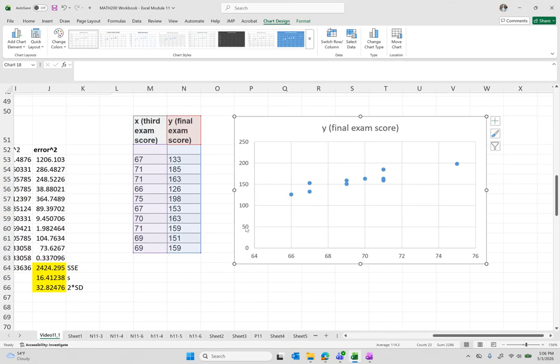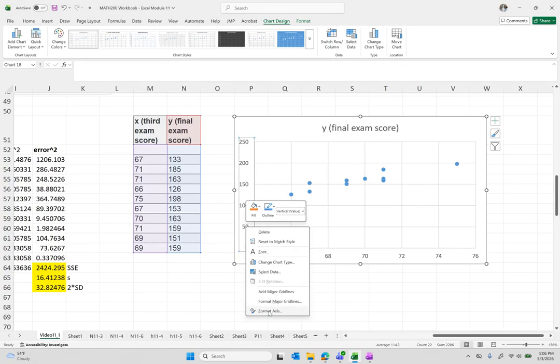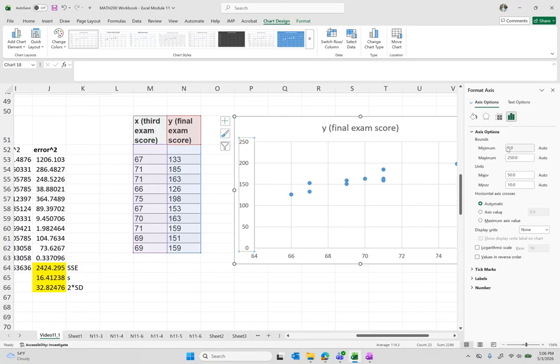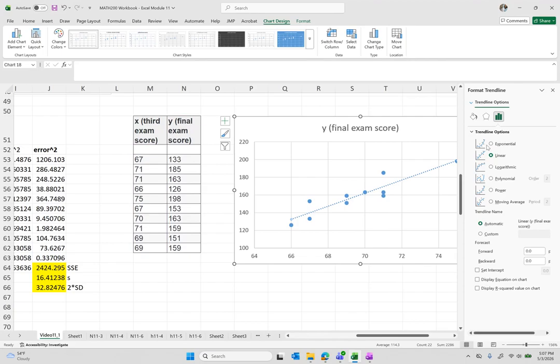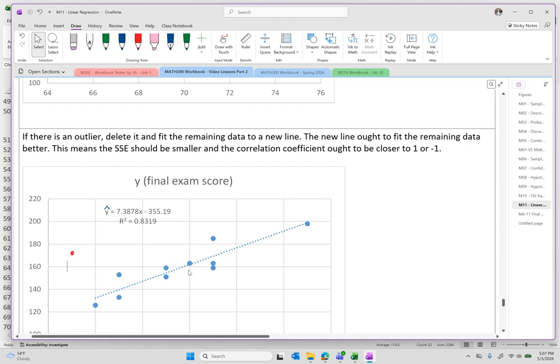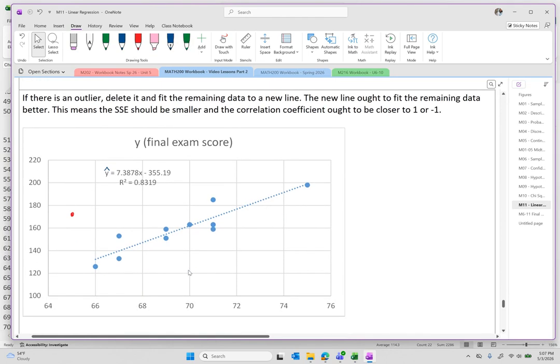Let me adjust so that I have a minimum on the y-axis of 100 so that I can see this line better. And then if I right click on one of those points, I can add a trend line. It has to be linear here at the top, and then I want to display the equation and display the R squared. So this is the equation that you see here in the notes: 7.3878x minus 355.19. Remember that this y is y hat.